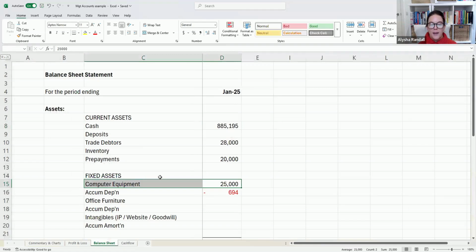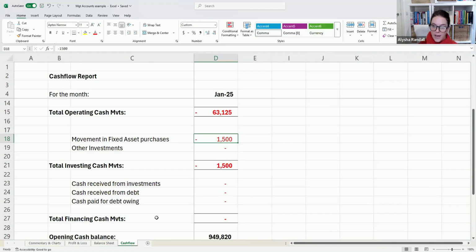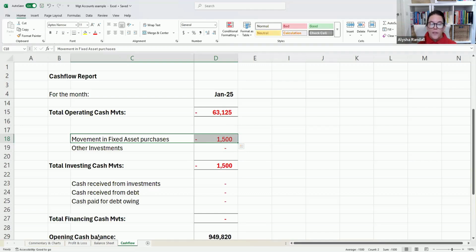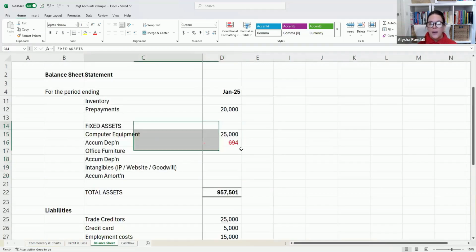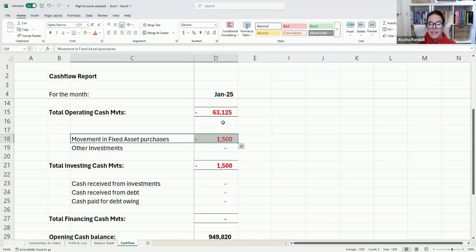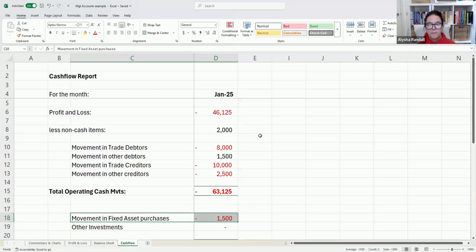So it would go in here, and then the cost of that, which is how much cash you had to pay for it, would be in here. So that's how you know how much you're spending on things that go through the balance sheet. That's why you don't have to worry about this too much. You see it quite clearly in your cash flow statement.